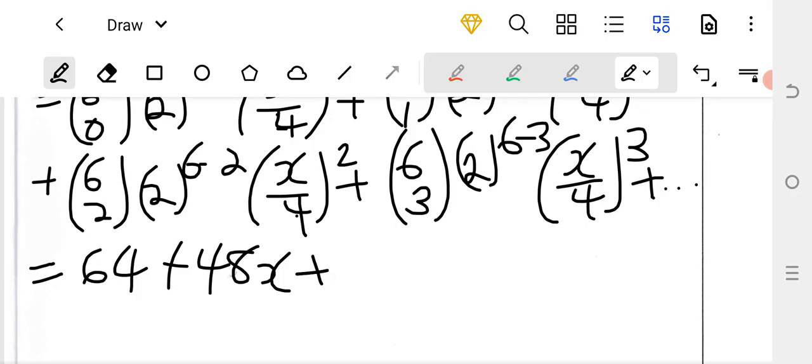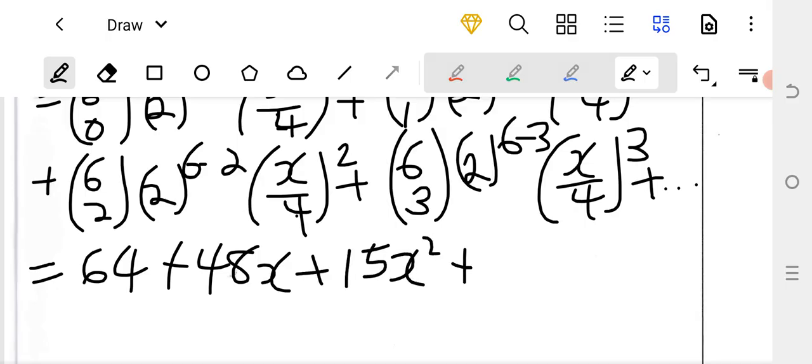So 6 combination 2 is a 15 multiplied by a 2 to the power 4. So 16 multiplied by 15 is 240 and then you divide by 16, obviously you're going to have a 15. So you're going to have a 15x squared.